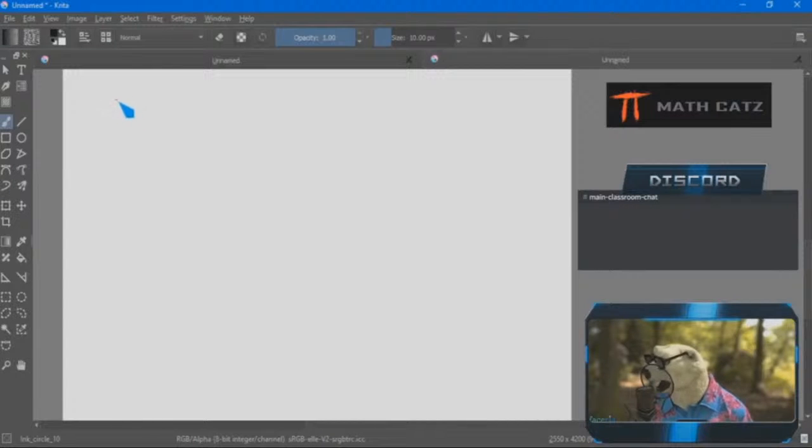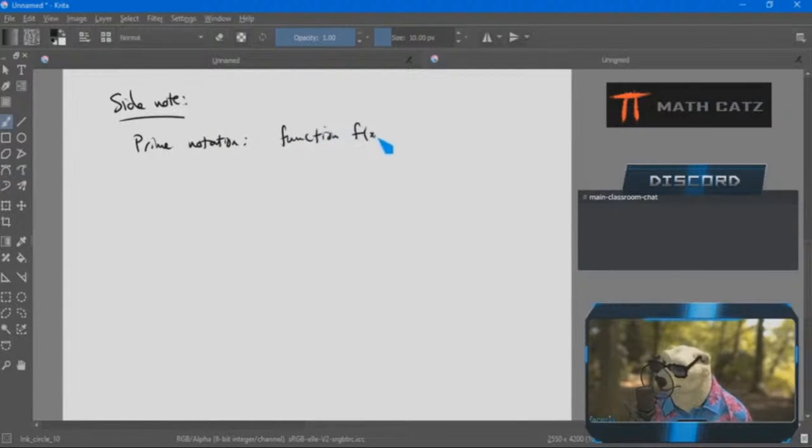Okay, so let's go on a side note here, where I just want to explain the different ways we can write the derivative. One is the prime notation, where if we have my original function and it has a name, f of x, then the derivative function is called f prime of x.